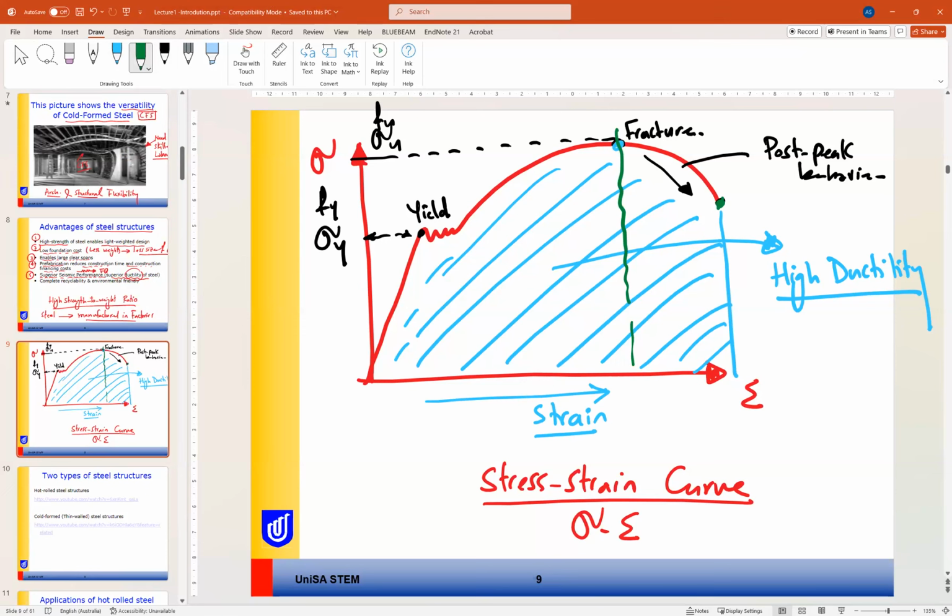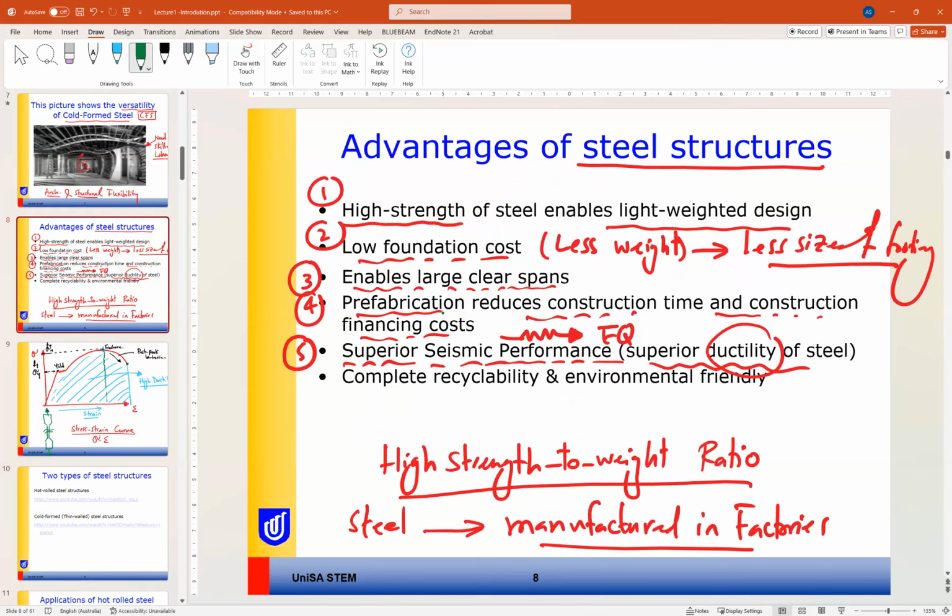If you have seen any dog bone test of steel, when you apply tension force on this steel, the steel will not break suddenly. So this is what gives the steel big advantage in earthquake design compared to timber and compared to concrete. The last advantage is complete recyclability and environmentally friendly material. This one we have discussed earlier, before this slide.